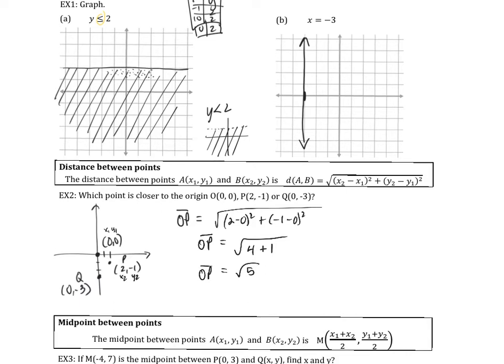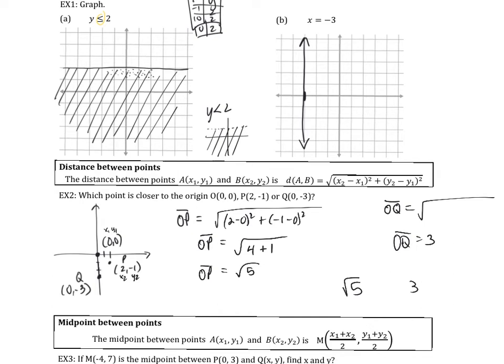And now let's do from the origin to Q. So that is, well, that's just 3, right? We can just count that. Okay, so that's 3. Now, who's bigger, square root of 5 or 3?